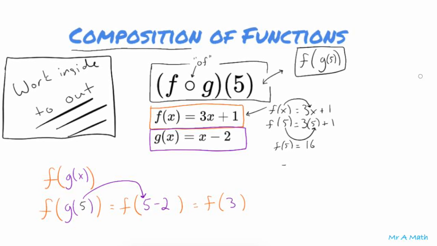So now we can keep going, and we can say, well, f of 3, that's just whatever f of x is with 3 plugged in as x. And so f of x is 3x plus 1, but I need to remember that it's not f of x, it's f of 3. So instead of writing x, I'm going to write in 3.